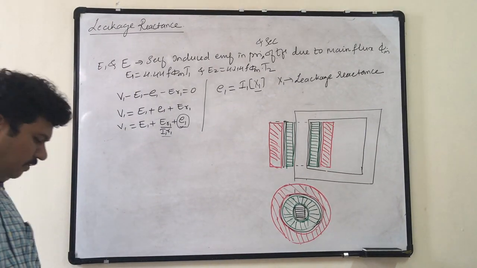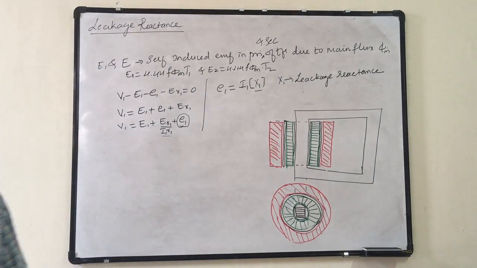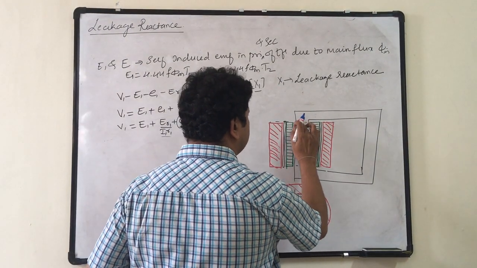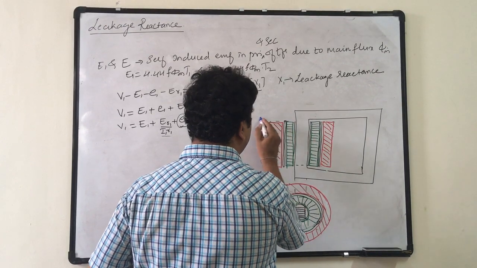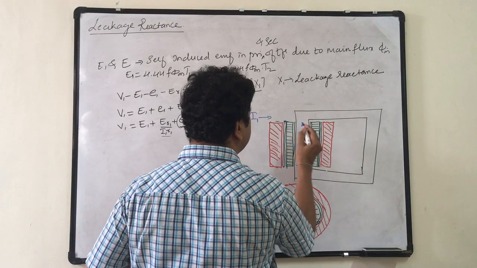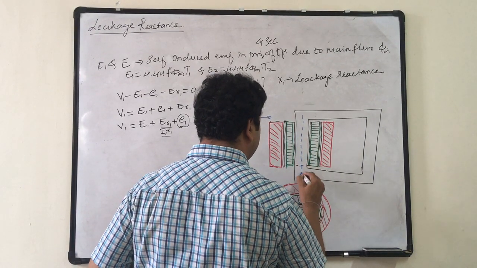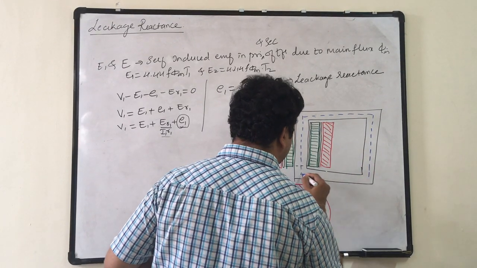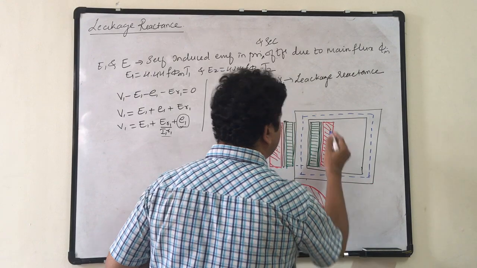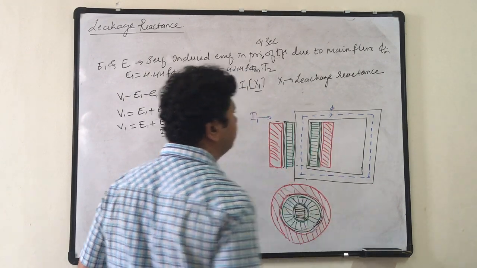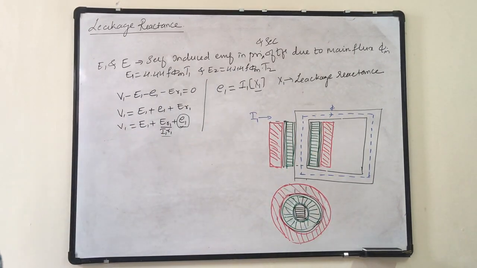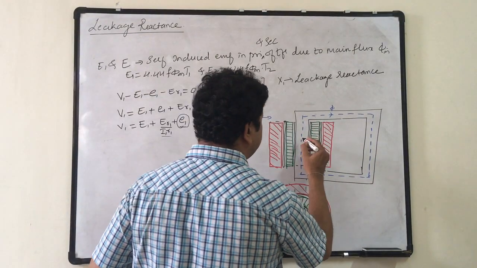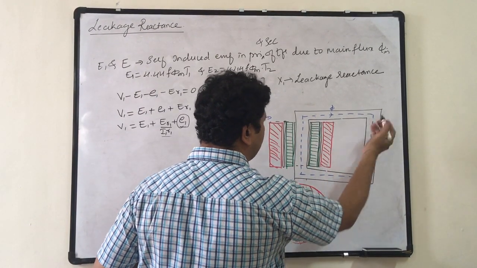Okay, now I have a flux, the main flux. When the current I1 flows, this is the main flux phi, and I have the leakage flux. That leakage flux will not complete its path to the secondary side.